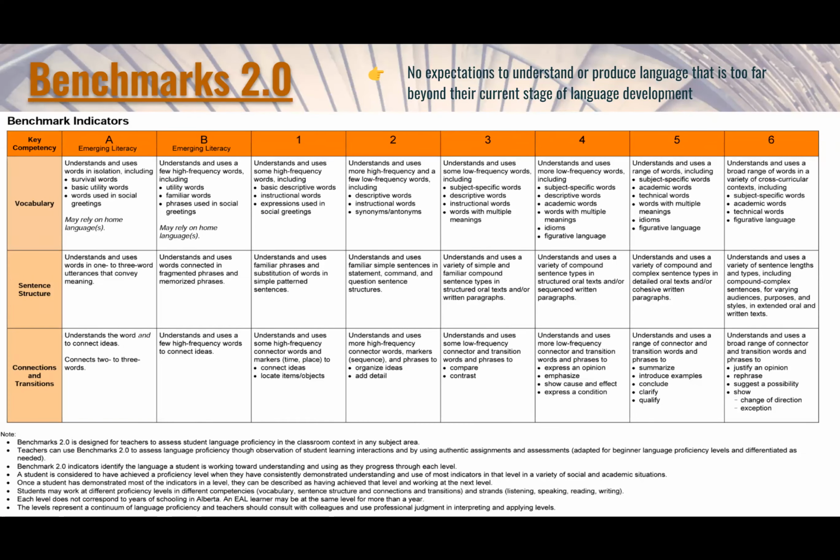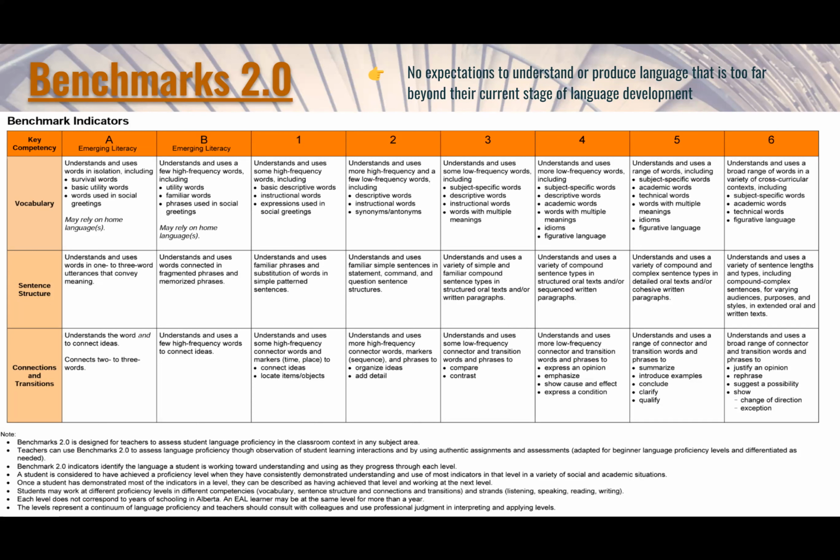And the benchmarks are very good for us in looking at where our students are and what level of proficiency they're currently working in. So when we're thinking about the language we're working with in our classroom, we're not giving language that's beyond their current stage of language development.